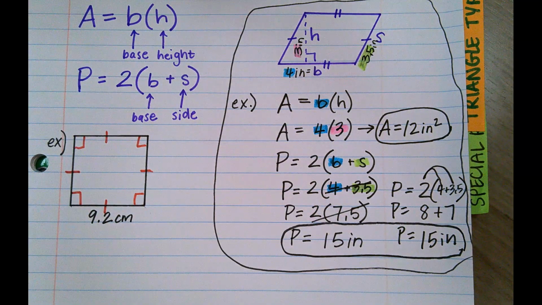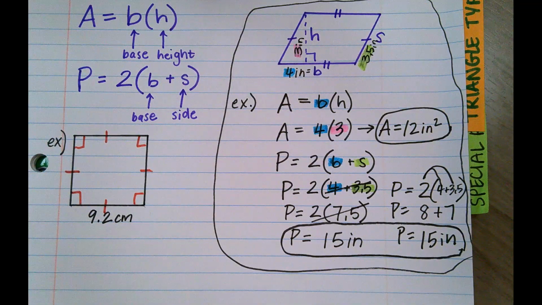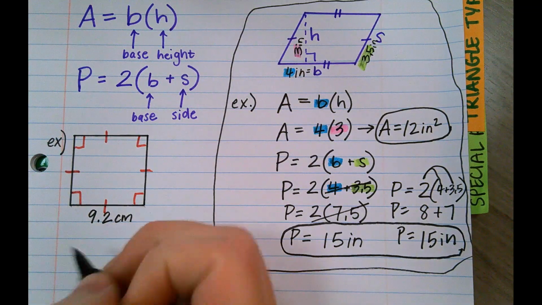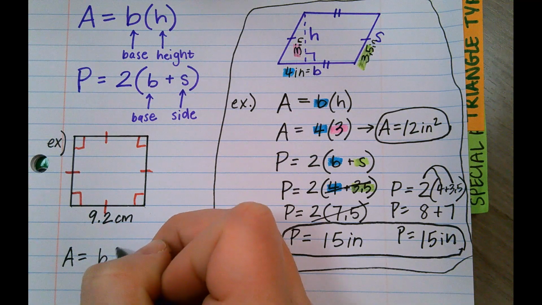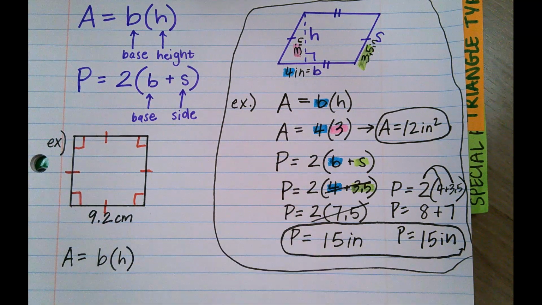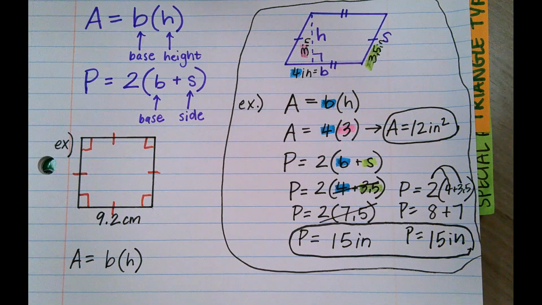So let's think through this one. First, let's try it using these formulas. If I wanted to find my area, I need a base and I need a height. I only gave you one number though.